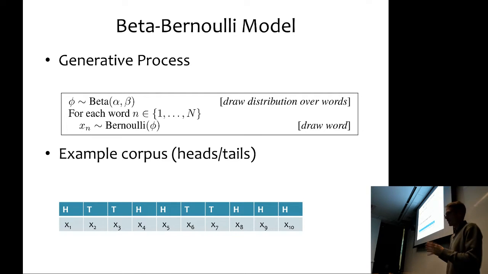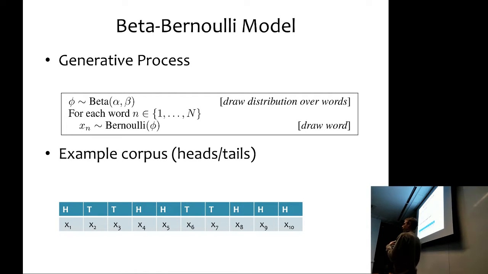Okay, so the Beta-Bernoulli model is described by the following generative process. A generative story is just a way of articulating the full content of a Bayesian network. This is more specific than a Bayesian network would be because it's actually telling us what the distributions are.